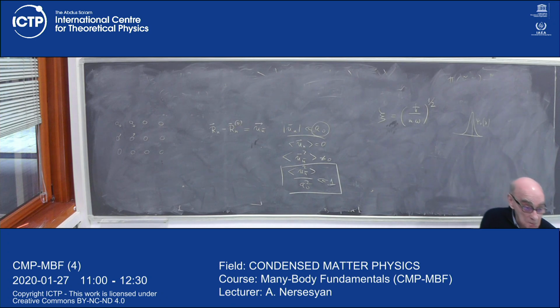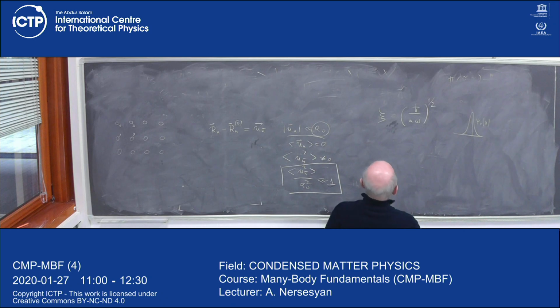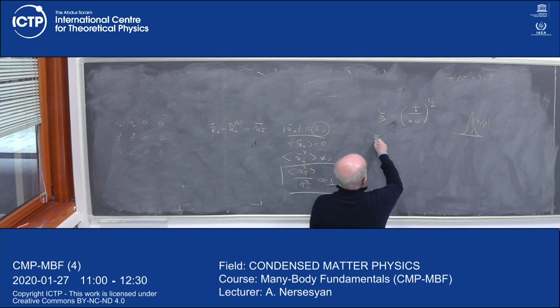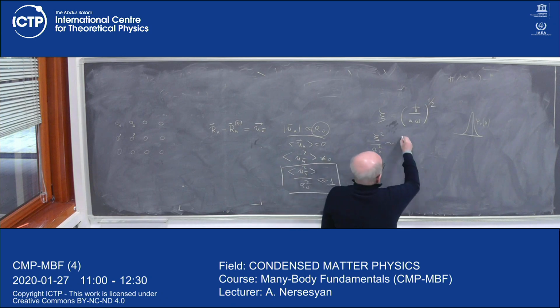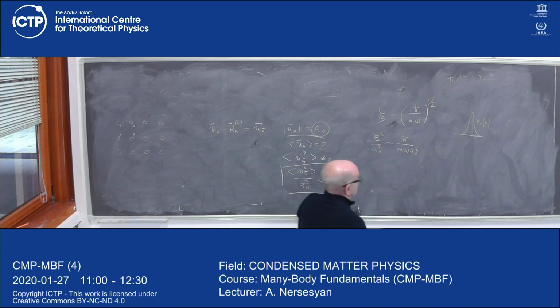Right? Let's compare. So let us find out what is the ratio of psi squared divided by A naught squared. It will be H, it will be M, omega, A naught squared.